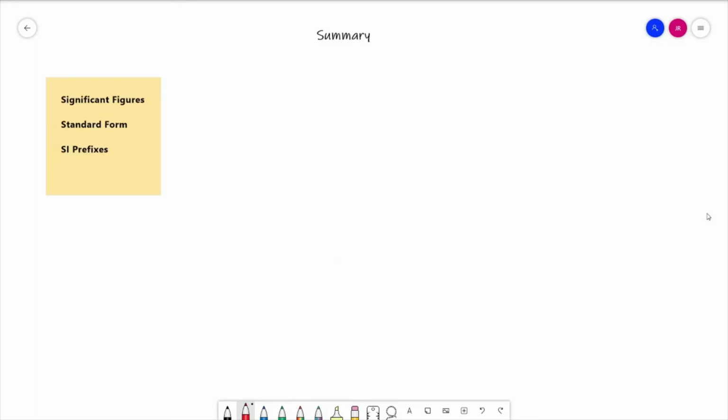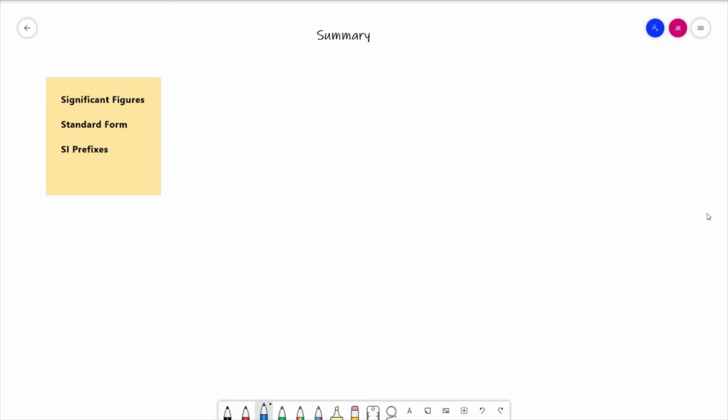So in summary, in this lesson we've looked at 3 things. We've looked at significant figures, standard form and SI prefixes. So just to remind you then, when it comes to significant figures, always have a look at the question and try to match the number of significant figures to the question as far as possible.